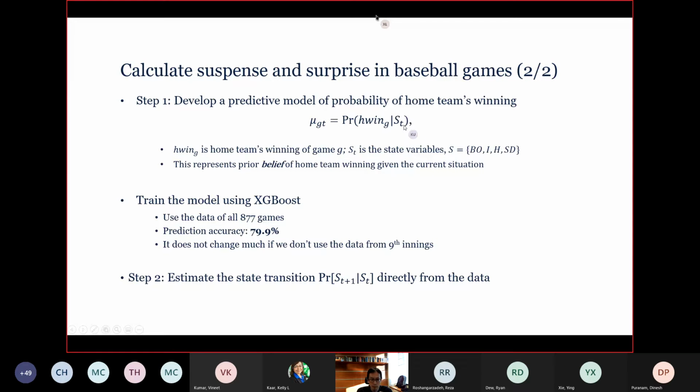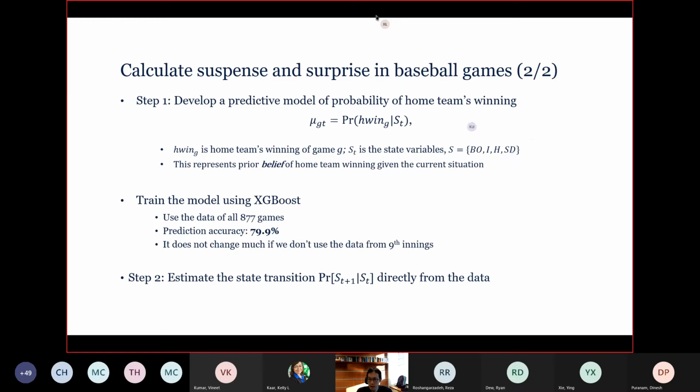ST is the state variables that help the viewers predict the probability of the home team winning. The ST in our analysis includes BO, the bases loaded and out count; I is inning; H is head or bottom; and SD is score difference.